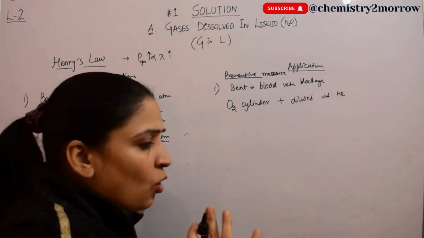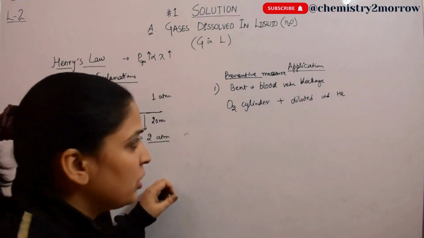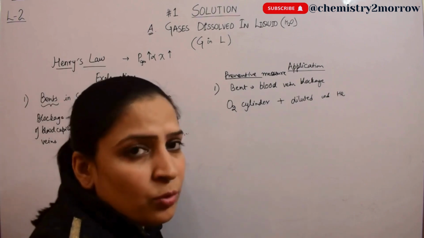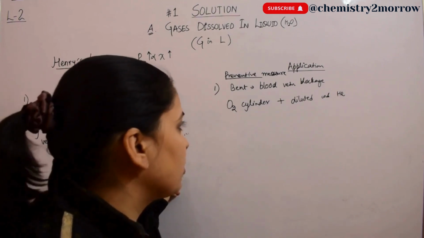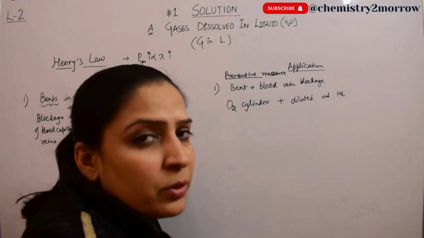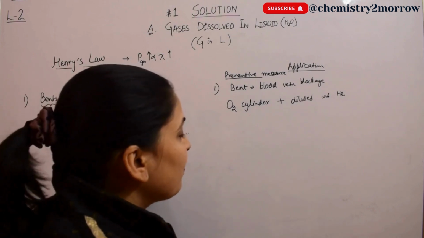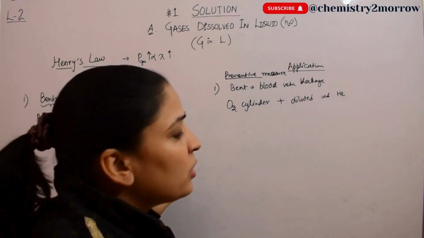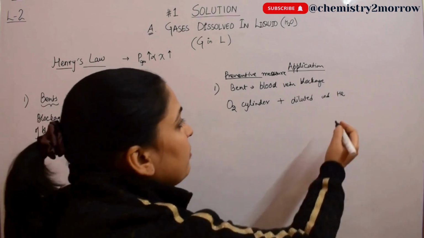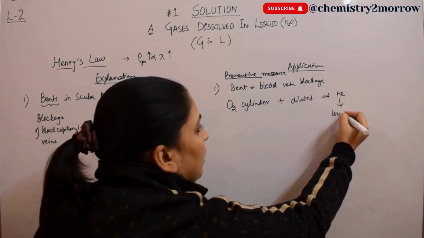Normally in air we have oxygen and nitrogen: oxygen is around 20% and nitrogen around 79% by volume. So the oxygen is diluted with helium gas, and helium has lower solubility.